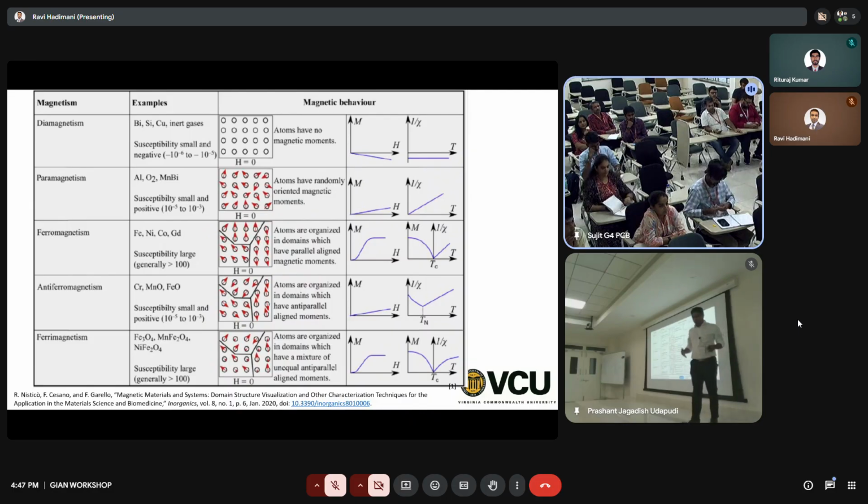If you want to know whether it's a paramagnet or a ferromagnet, you just do a magnetization measurement by applying a magnetic field and measuring the magnetization. If it starts to saturate, that means it's a ferromagnet. But if it's not saturating, then it's a paramagnet. Then there is the antiferromagnet, which is another class of materials, and that shows a response similar to a paramagnet.